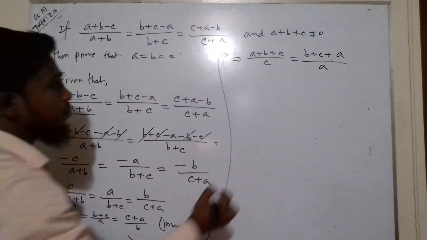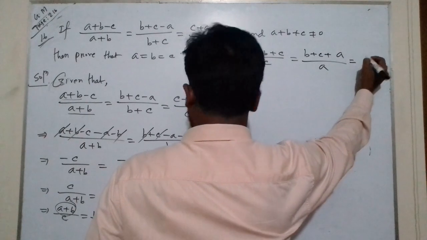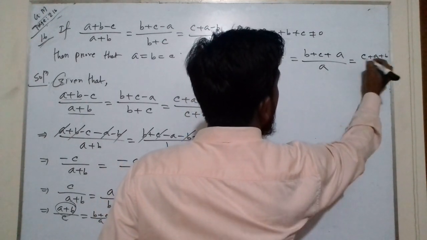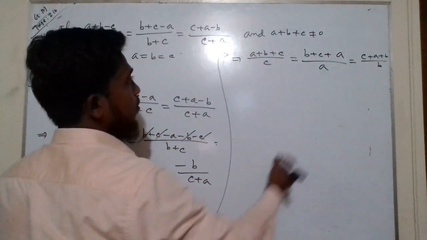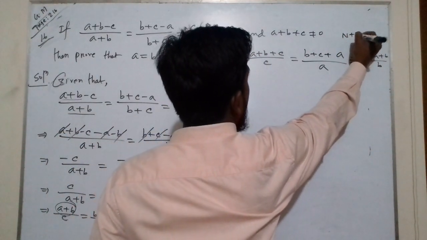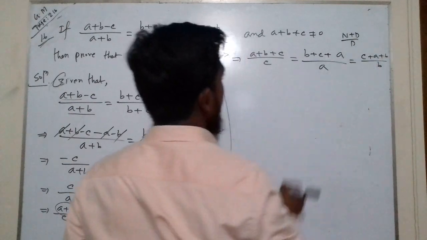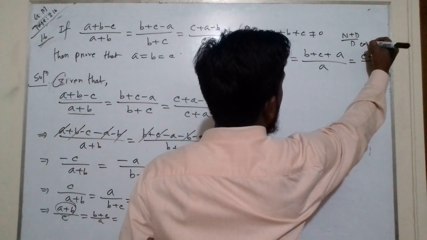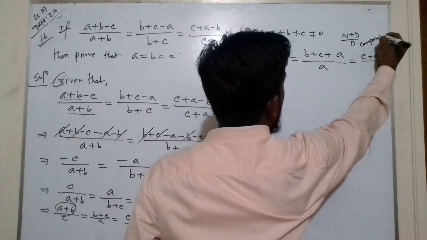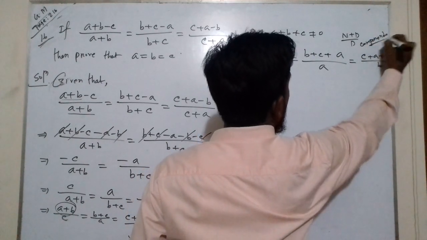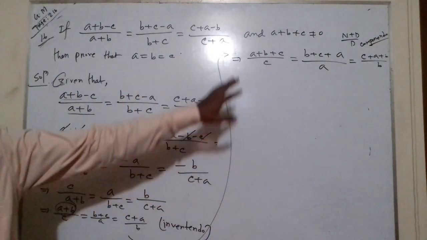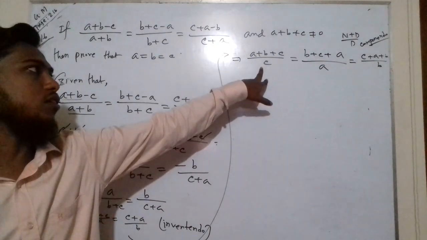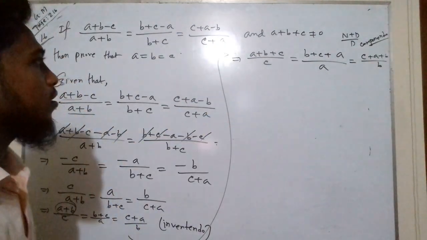This equal to c plus a plus b divided by b. Numerator plus denominator divided by denominator. Law of componendo. Then we can write numerator plus denominator divided by denominator in each term.